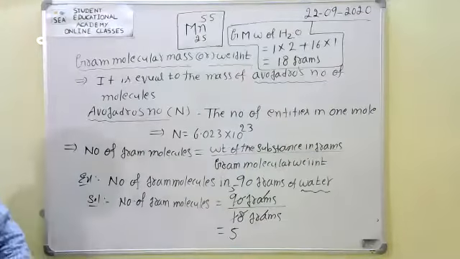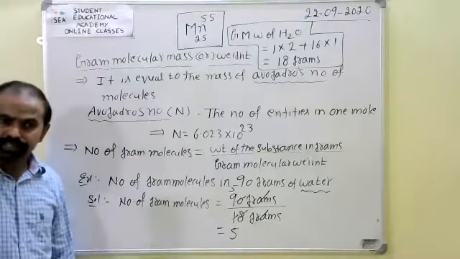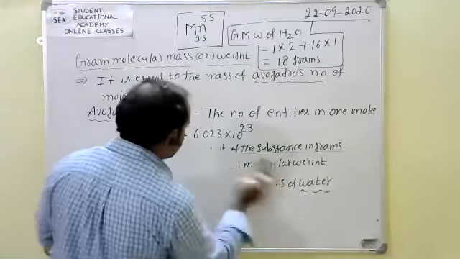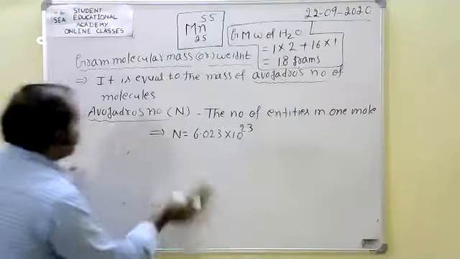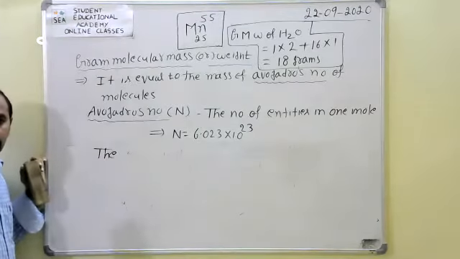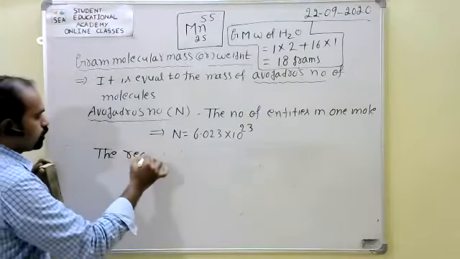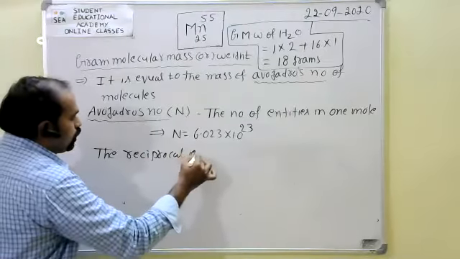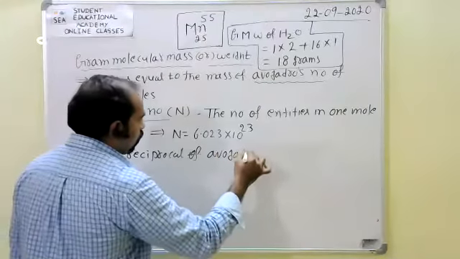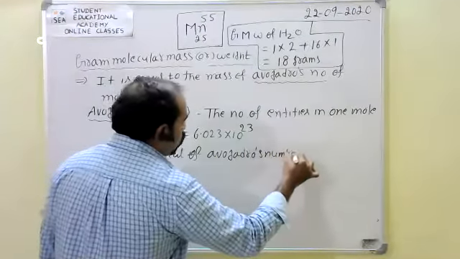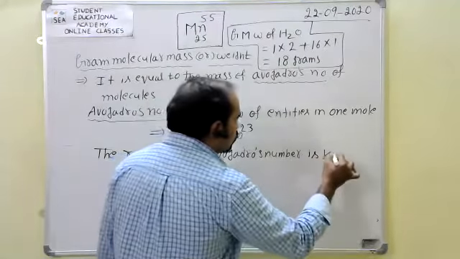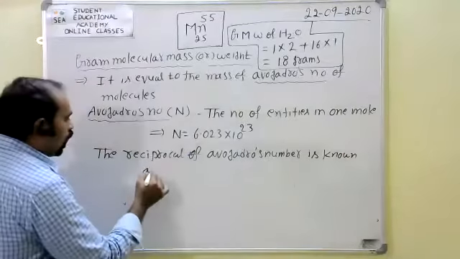Avogadro's number is generally denoted by capital N. The reciprocal of Avogadro's number is known as Avogadro.